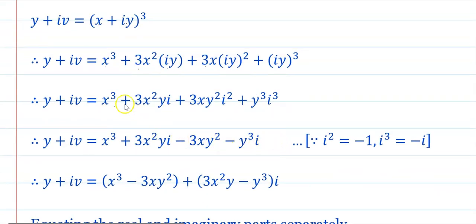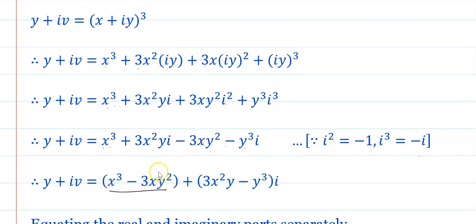Again, substitute the value. x cube as it is, 3x square yi as it is. I square is minus 1, so minus 3xy square. I cube is minus i, and hence minus y cube i. Okay. Therefore, y plus iv is equal to, collect the real part, x cube minus 3xy square.